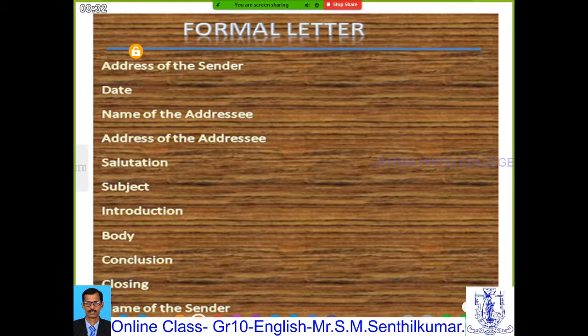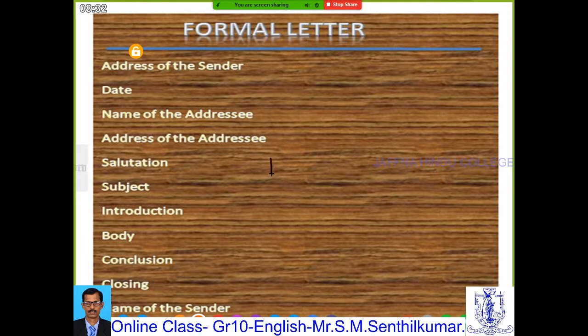Even if the whole letter is grammatically wrong, vocabulary wrong, you can get 1 mark, right? Even if you write everything in disorder, with punctuation mistakes and so many mistakes, you can automatically get 1 mark for format. Even if you write the letter perfectly, if you miss something, subject or salutation or something, you lose your 1 mark. Is it okay?